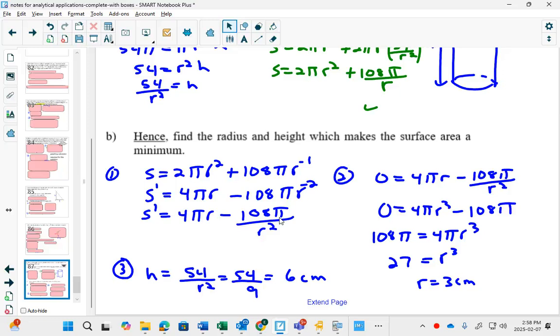We did a cylinder question the other day. We figured out the radius and the height. And it just so happened that the height was double the radius in that question as well. So it's kind of curious that the height is double the radius in this one. Does that always happen for minimizing the surface area to have the same amount of volume?